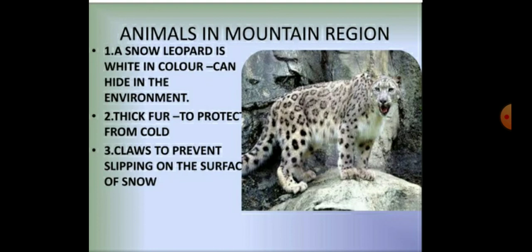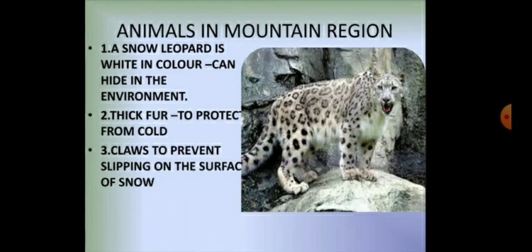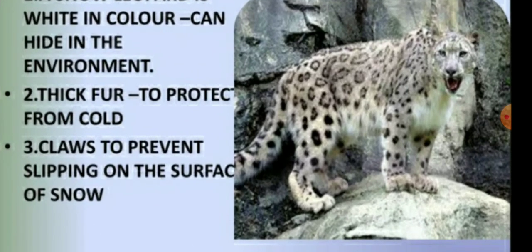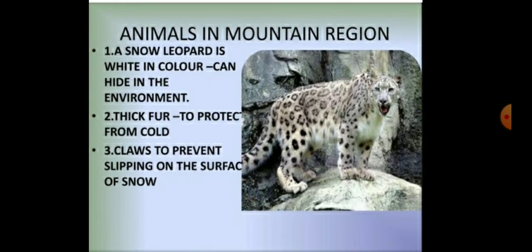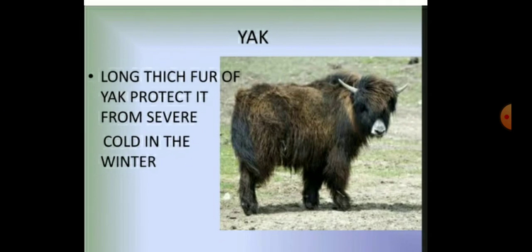They can hide easily in the environment, and thick fur is present to protect from the cold. The claws prevent slipping on the surface of the snow. The yak is also present in the mountain regions. The long thick fur of the yak protects it from the severe cold in winter.